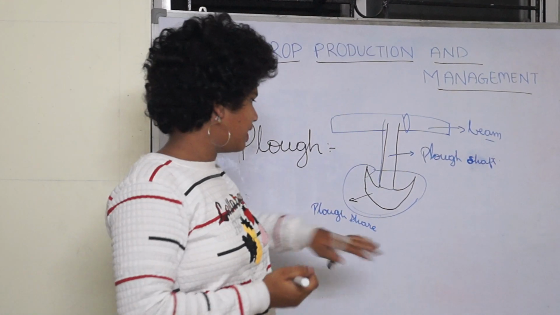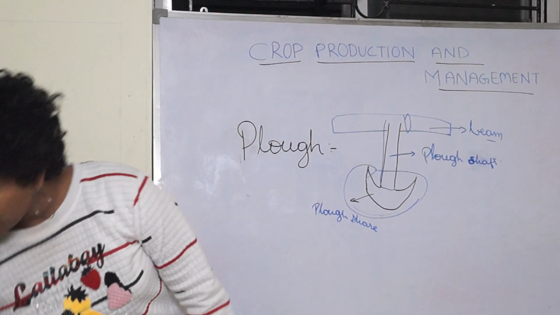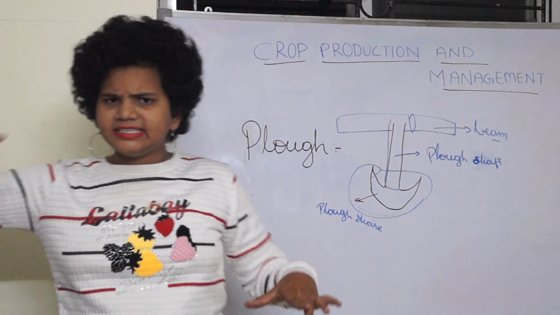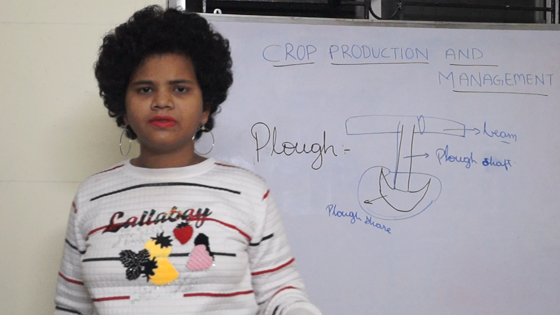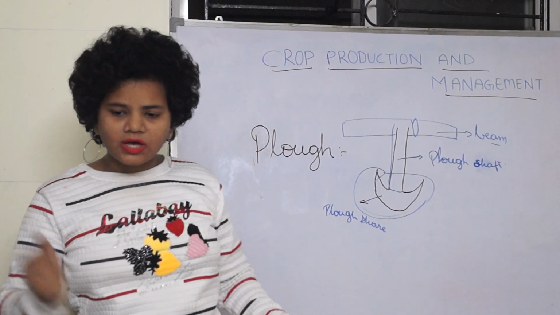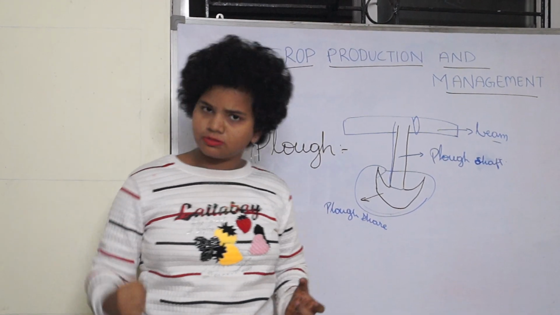We completed plow shaft and beam. Now, what are the advantages of loosening the soil? If we want to sow a seed at our home, we first loosen the soil with some instrument, right?